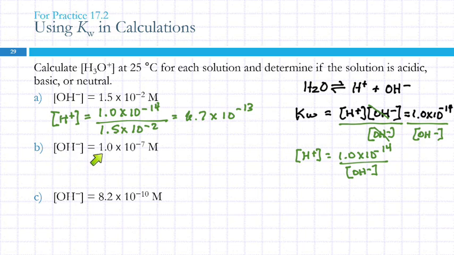How about this one? The hydroxide ion concentration is 10 to the minus 7. Do we actually need to calculate the hydronium? Isn't that the concentration in pure water? Yeah, 10 to the minus 7, because in pure water the hydrogen ion concentration and the hydroxide ion concentration are equal to each other.